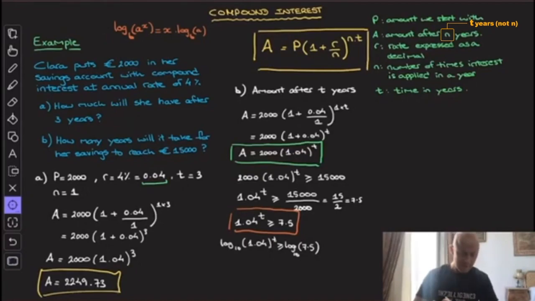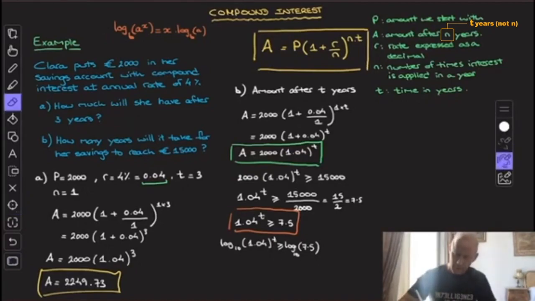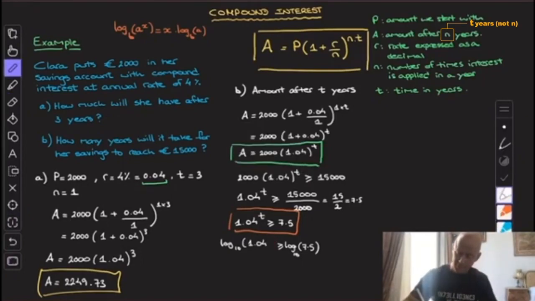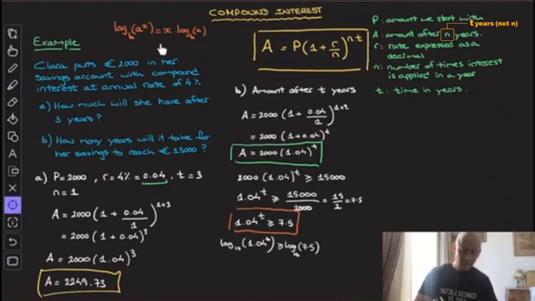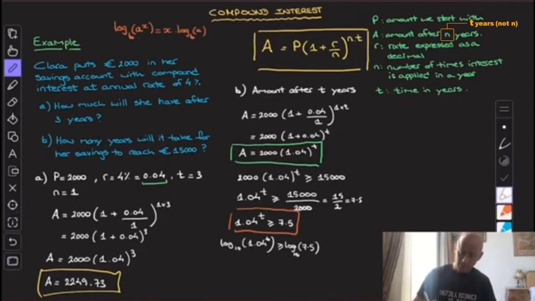And that's exactly what we want here, because we want to know what this t is. In fact, to make that clear, I'll rewrite this and put the t inside that pair of parentheses because it looks a bit ambiguous there. So, using this law, I can now write this inequality as t times log base 10 of 1.04 is greater than or equal to log base 10 of 7.5.